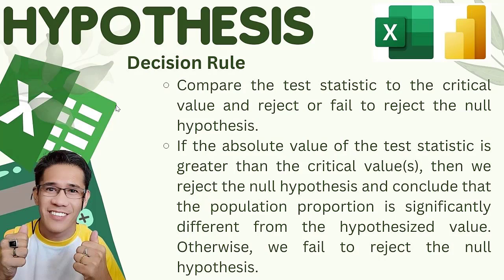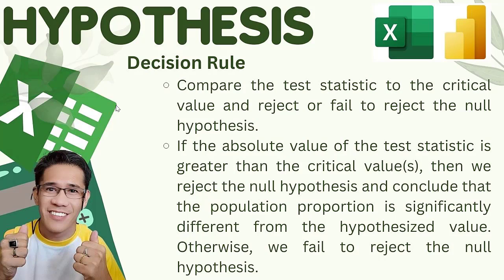So the next step is the decision rule. Compare the test statistic to the critical value and reject or fail to reject the null hypothesis. The reason behind reject or fail to reject the null hypothesis is because we want to perform a two-tailed test. We really don't know if the calculated z is higher or lower than the hypothesized value.